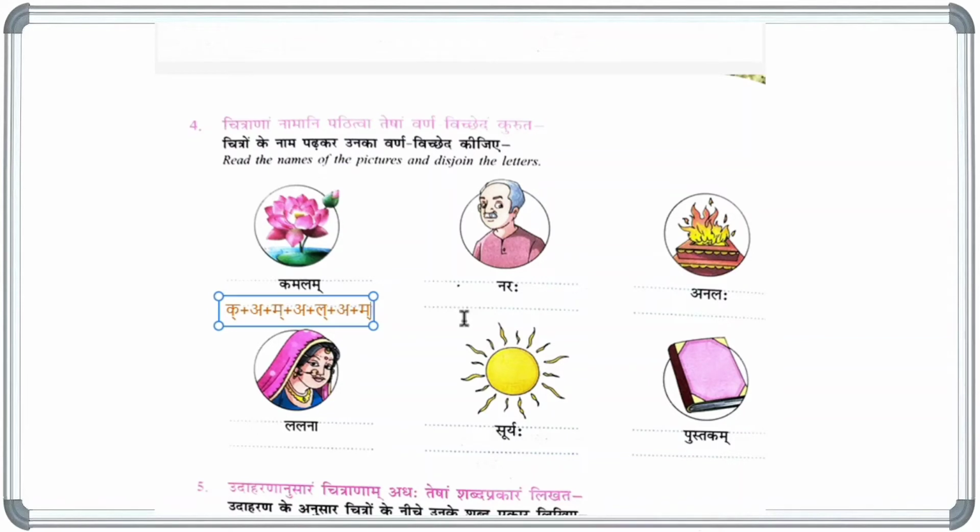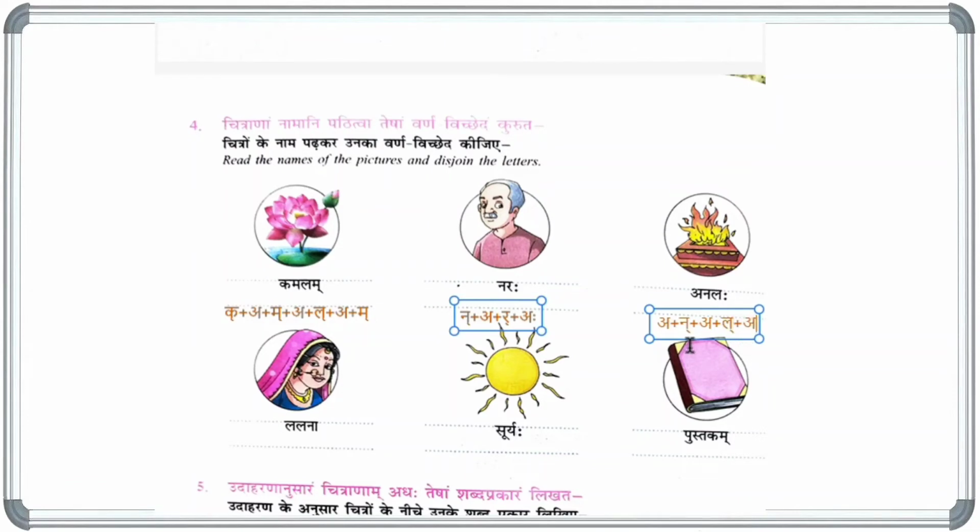The next word is Naraha. The first letter here is na halant plus a, plus ra halant plus aha. This is a very simple way of disjoining. Now come to the third word, Analaha. A plus na halant plus a, la halant plus aha.